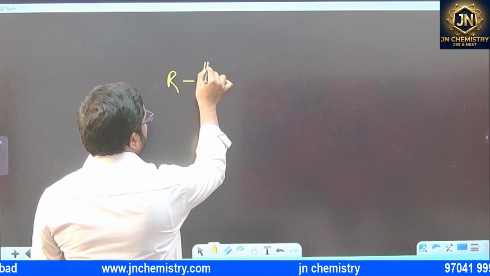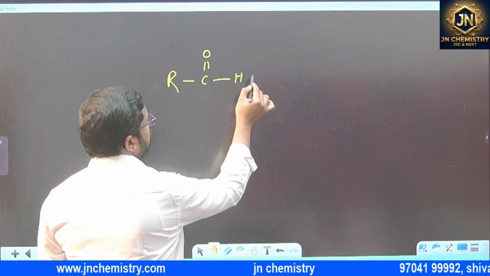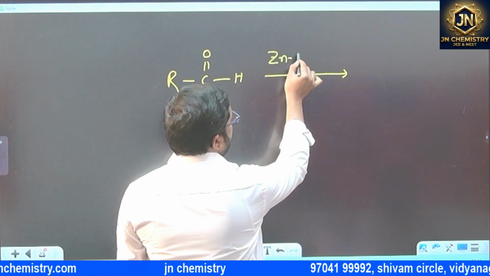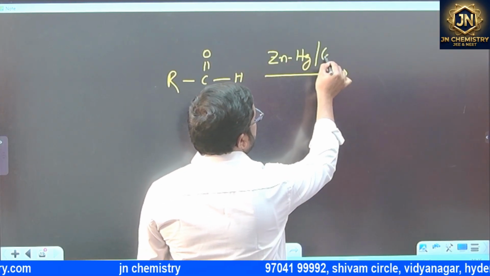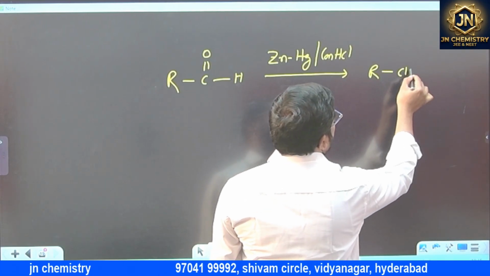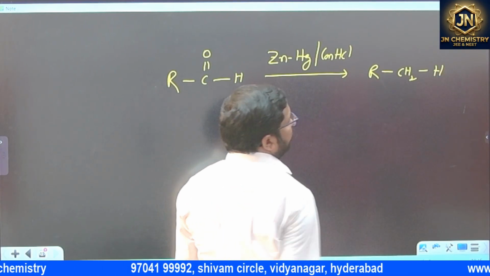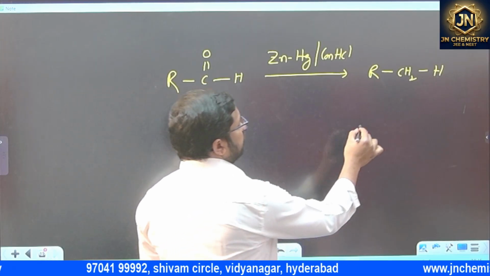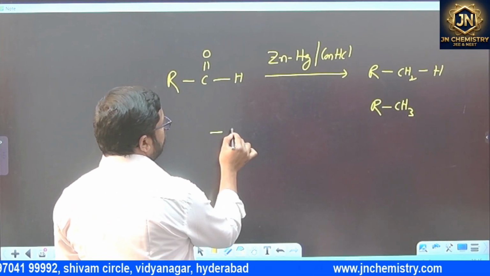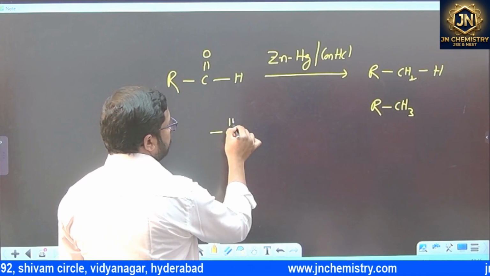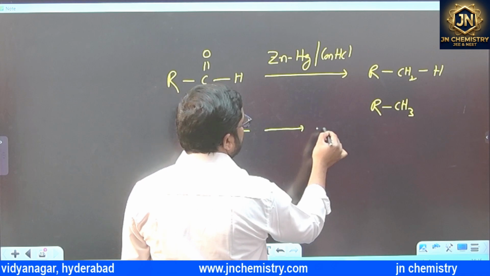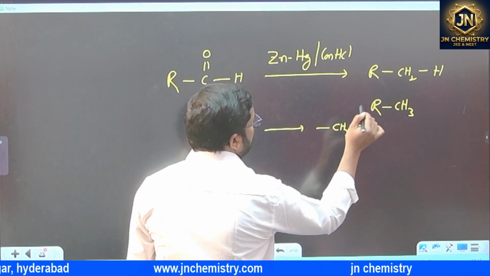RCHO, for example, zinc amalgam in presence of concentrated HCl. You'll get RCH2H, which simply we can write as RCH3.